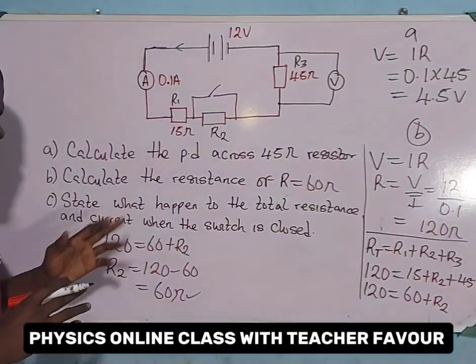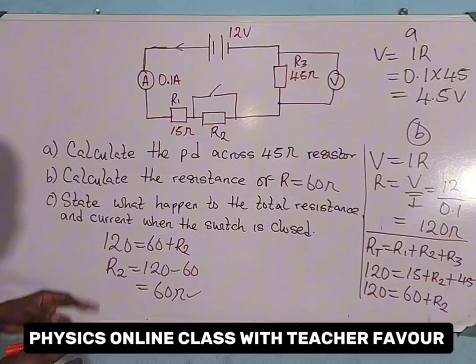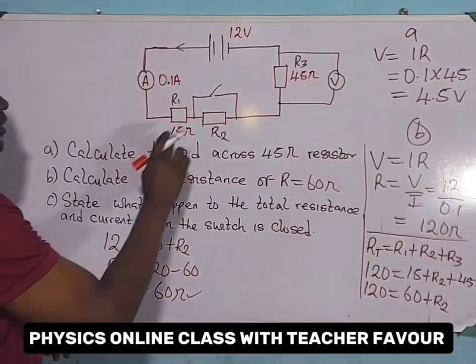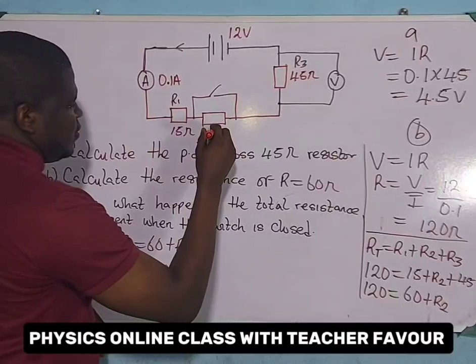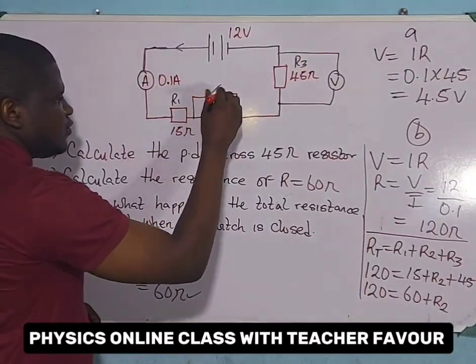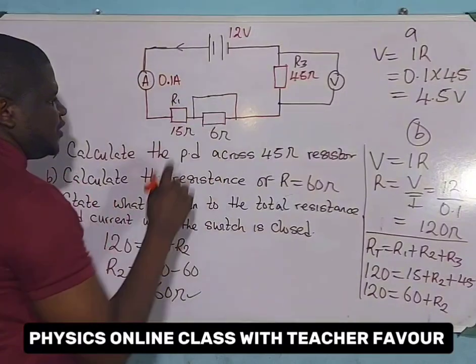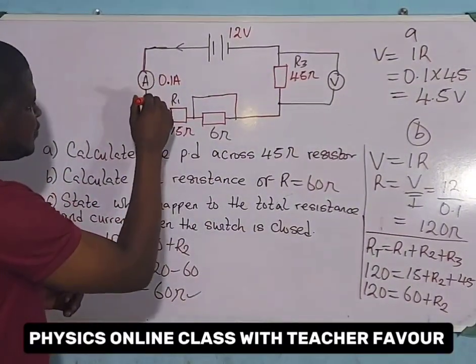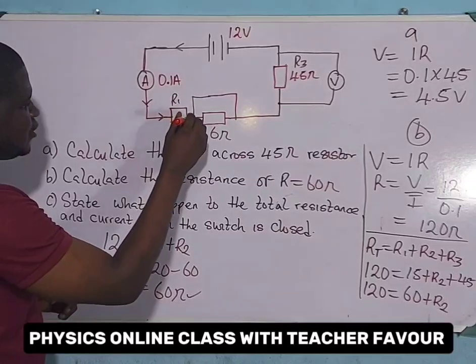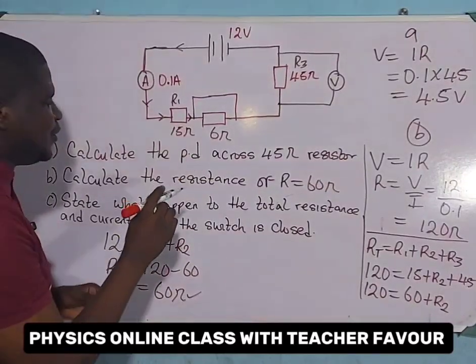The next says, state what happens to the total resistance and current when the switch is closed. Remember, here is 60 ohms. If this switch is closed, current will flow down to this point, and down to this point, and down to this point.